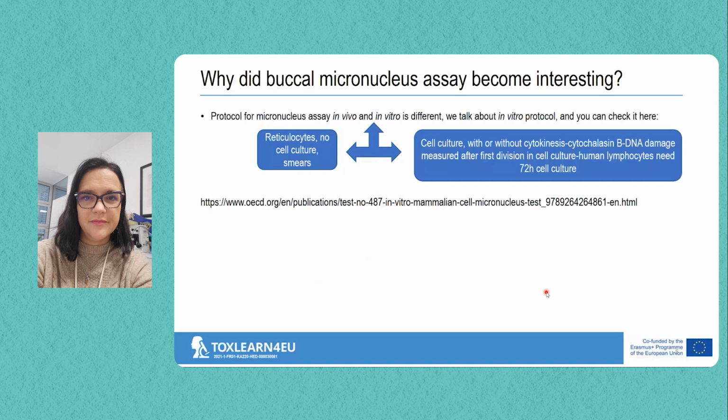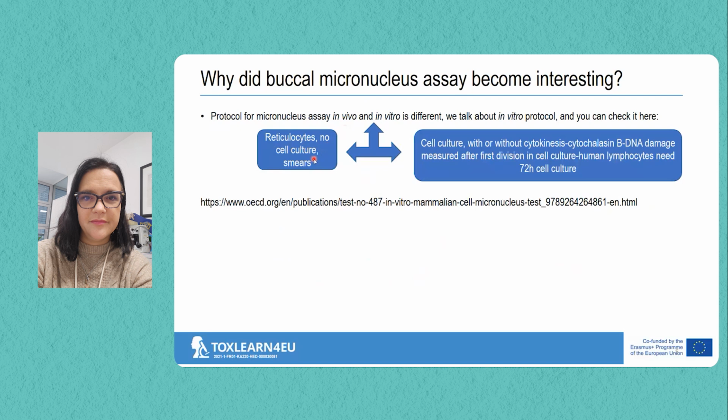Why did this buccal micronucleus assay become interesting? There are already protocols for the micronucleus assay in vivo and in vitro. In vivo means to perform the micronucleus assay in animals, but you are not performing that assay in the buccal cells, but either from the blood or usually from the reticulocytes of the animals.